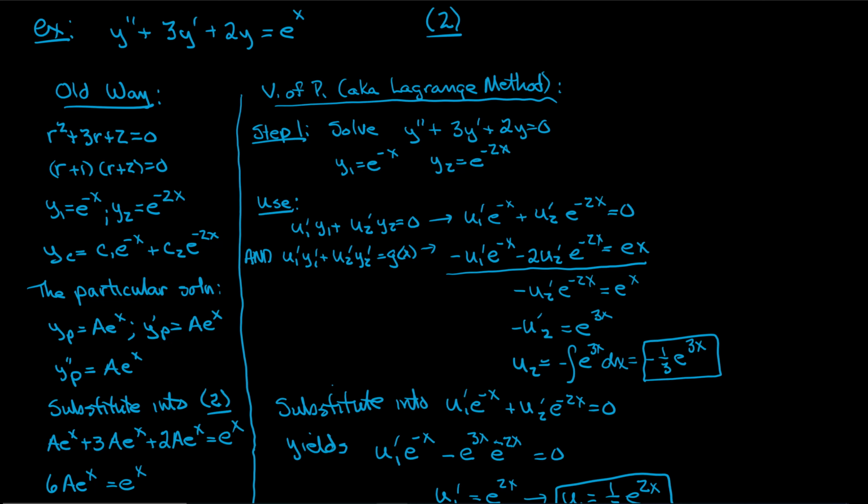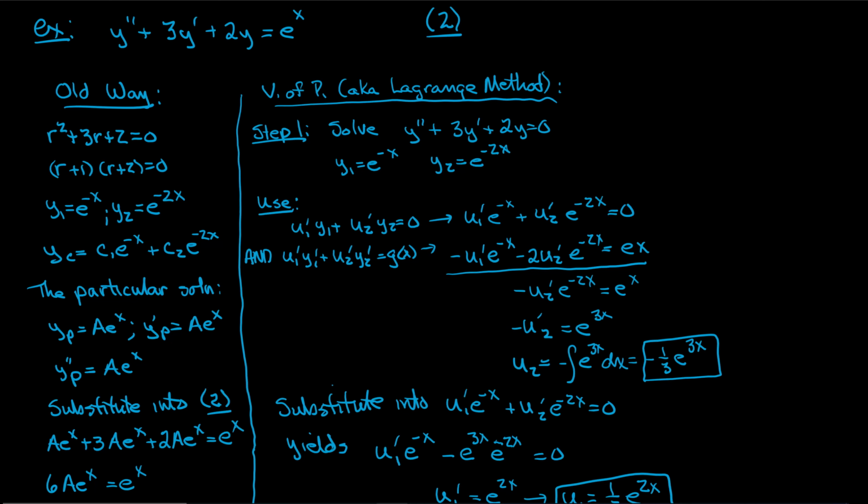In our first example here, where we have y double prime plus 3y prime plus 2y equals e to the x, we could have solved this the old-fashioned way. And in fact, on the left-hand side of the screen, let's work through that.